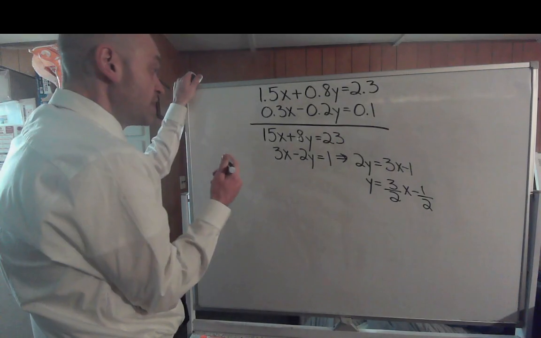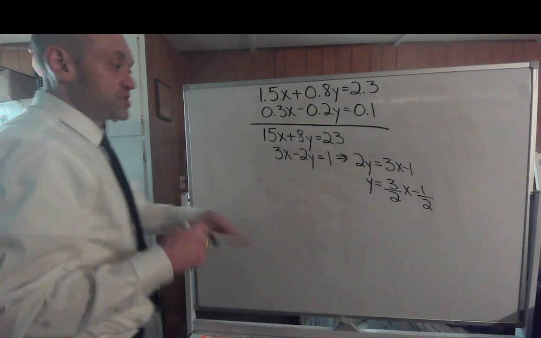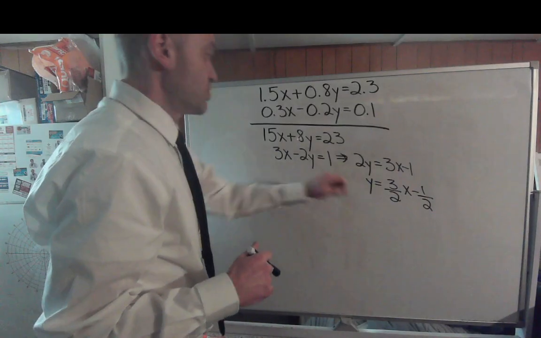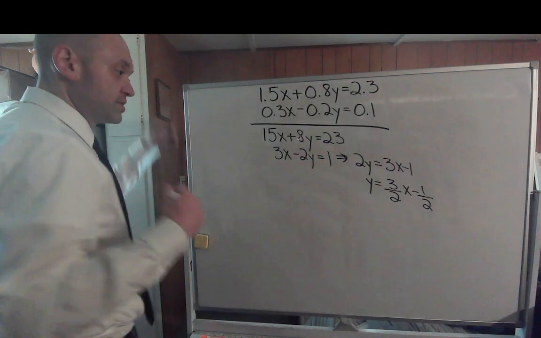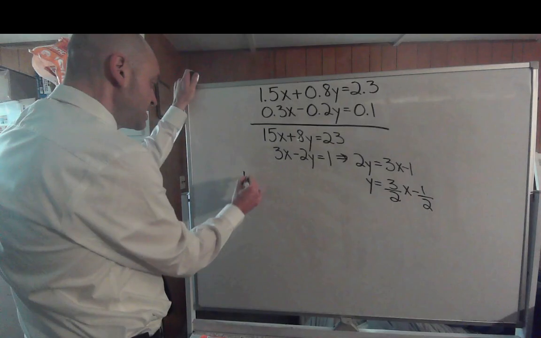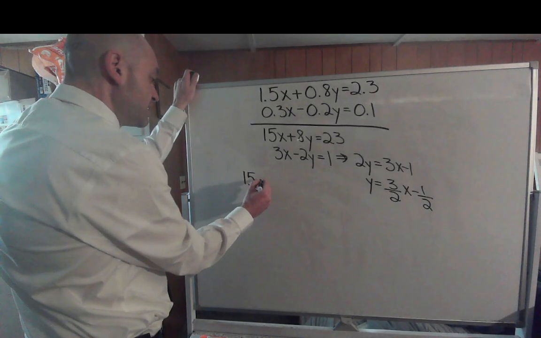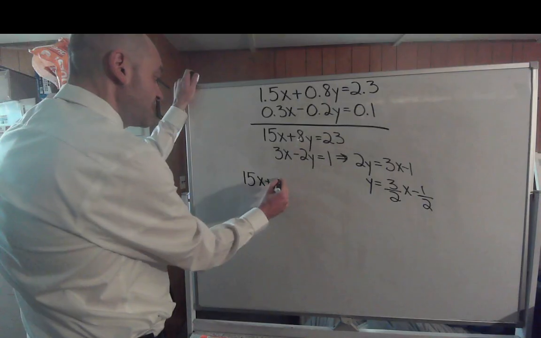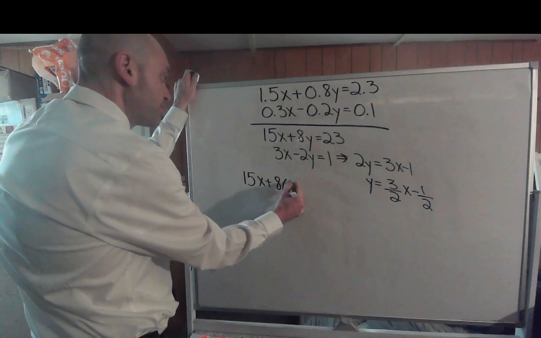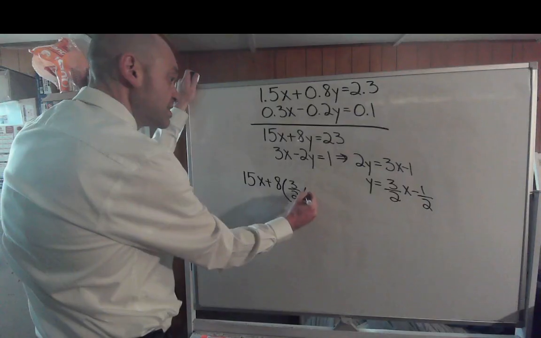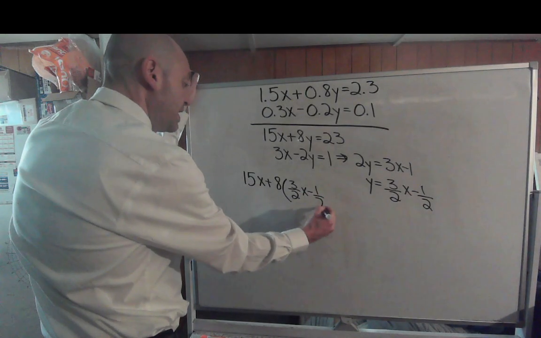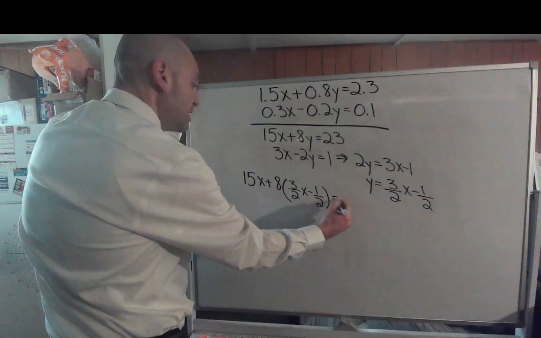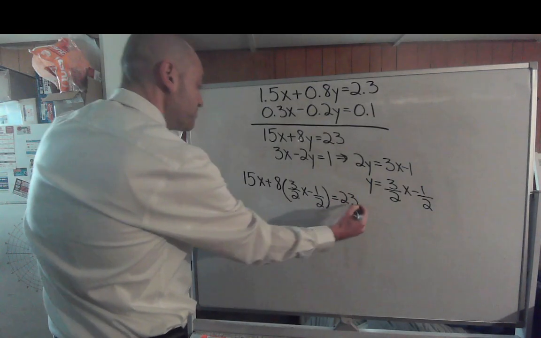Now, since we derived our substitution from the second equation, we'll stick it in the revised first equation. So this would be 15 times x plus 8 times that 3/2 x minus 1/2 equals 23.